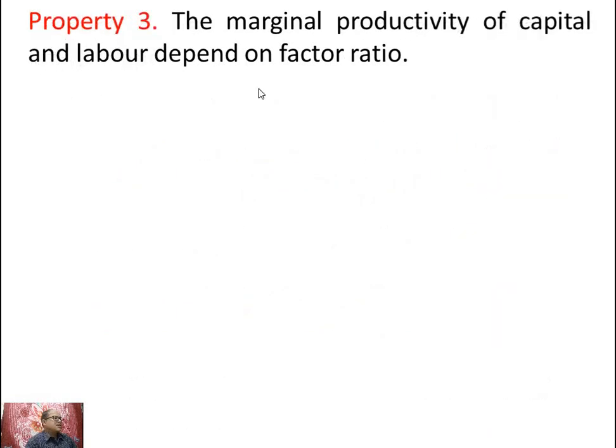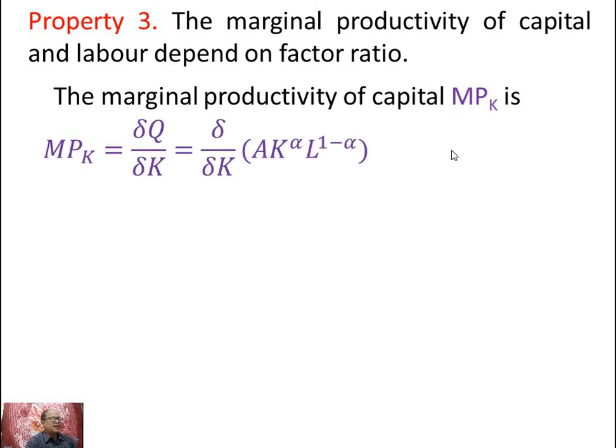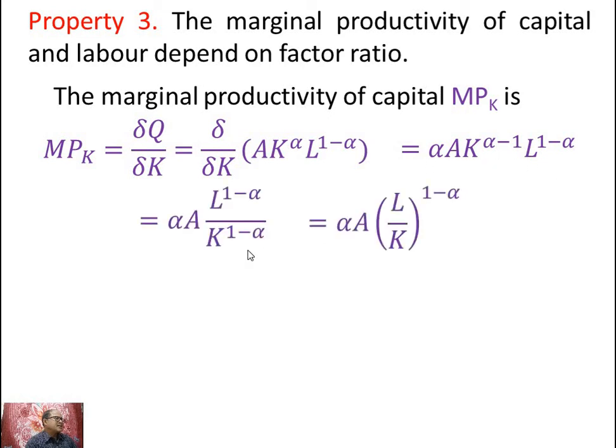Property 3. The marginal productivity of capital and labor depends on factor ratio. The marginal productivity of capital, that is MPK, is defined by the partial derivative of Q with respect to K, that is ∂Q/∂K. Here the value of Q is A K^α L^(1−α). So after differentiating it we finally get α A (L/K)^(1−α).